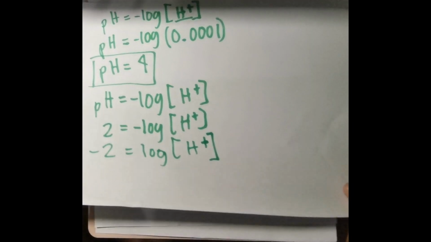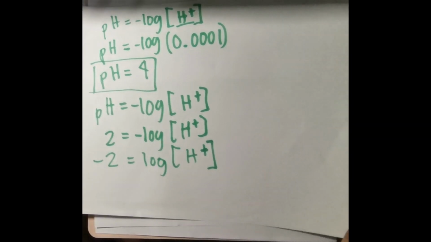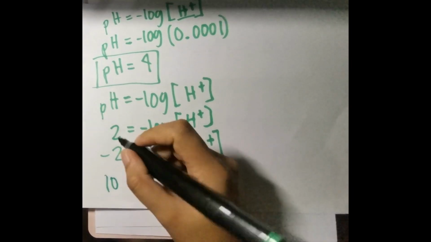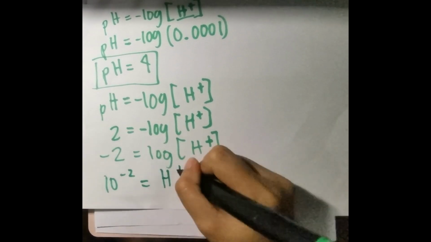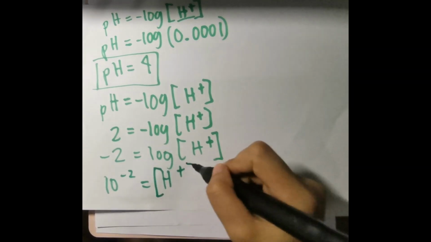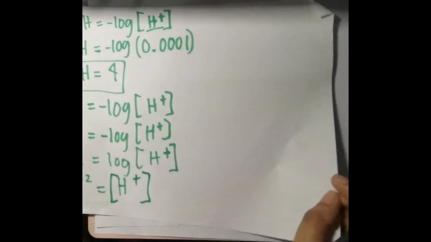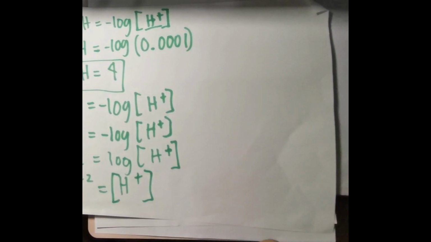And the next step is to rewrite the equation in exponential form. So we will have 10 raised to negative 2 is equal to H plus. And the last step is we will evaluate the negative exponent to determine H plus, or hydrogen ion concentration.